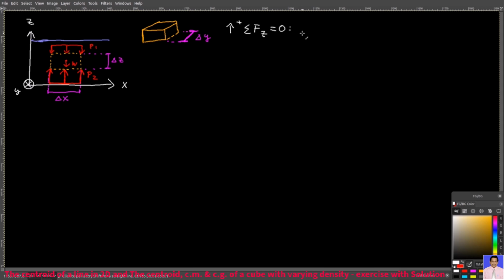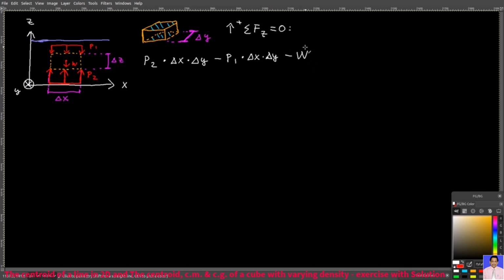And so you would have pressure 2 times delta x times delta y. That will give you this lower area here. And then if you multiply it by pressure 2, you get your force pointing up due to pressure 2. Then minus pressure 1 times delta x times delta y, so it would be this area here times pressure 1. And then minus your force of gravity.